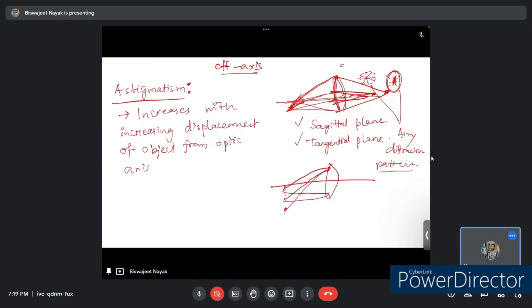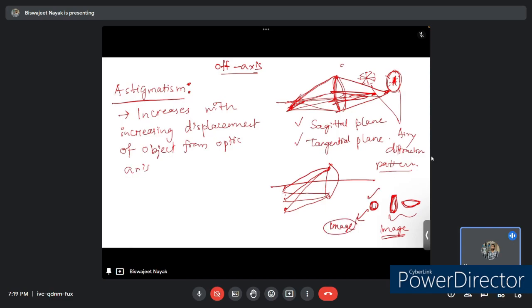Let's say we expect a circular kind of object, then it will not be circular anymore, because of distortion in different planar axes, maybe on the x plane or the y plane. The image will look elliptical rather than circular. If it looks circular, then it is fine.